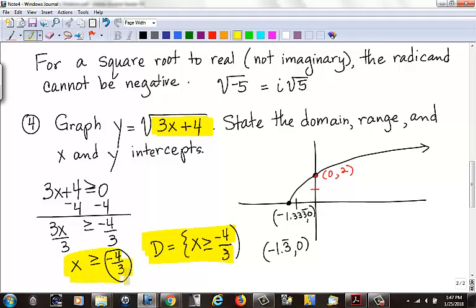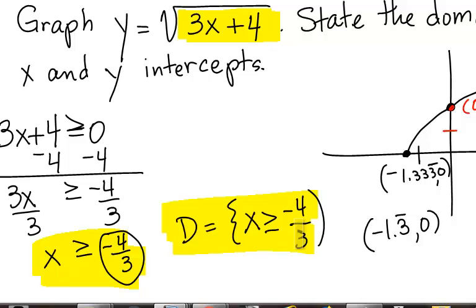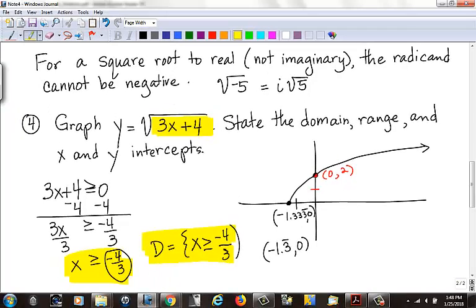Remember, for domain we go left to right, so the x values are from negative 4/3 and greater than that. For the range, we start from the bottom up. What's the first y value? Yeah, 0. The range would be where y is greater than or equal to 0.